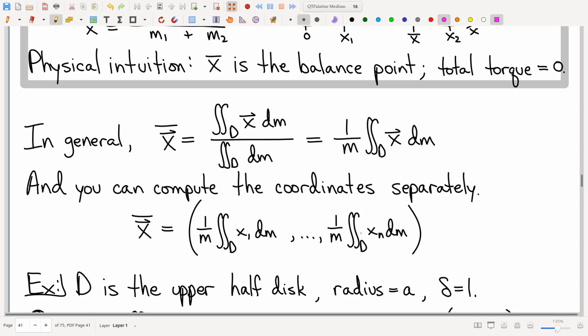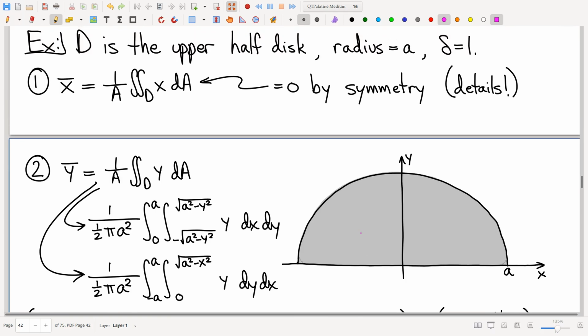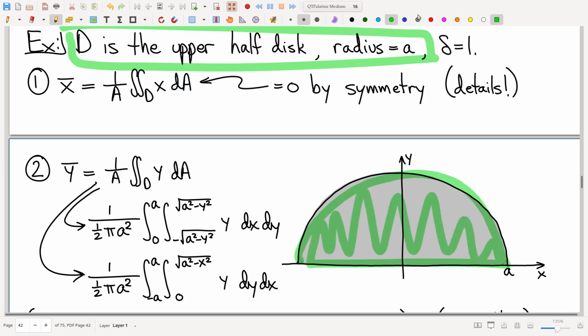Okay. All right, example. We are looking at this upper half disk. I'm going to say that the mass is distributed in that upper half disk in a nice uniform way, constant density, density 1.